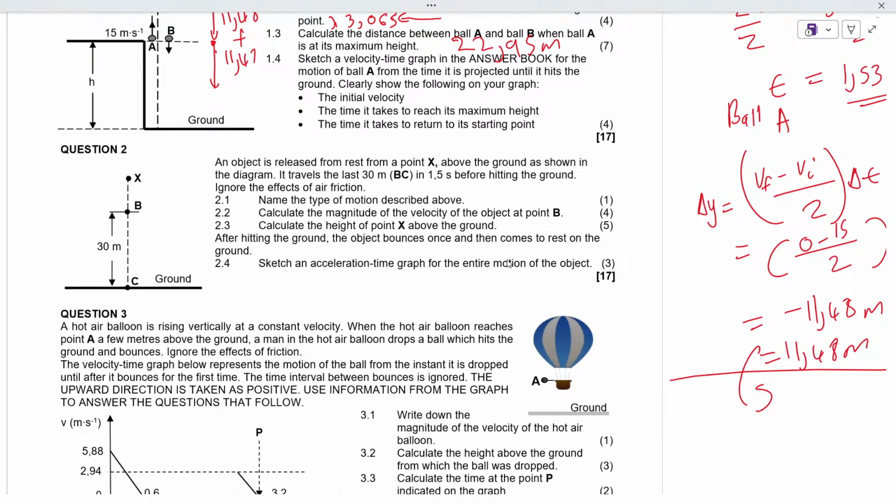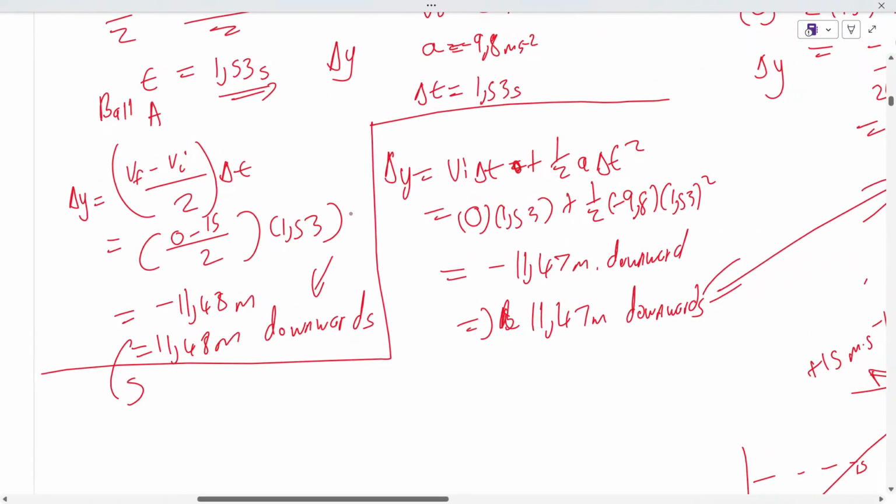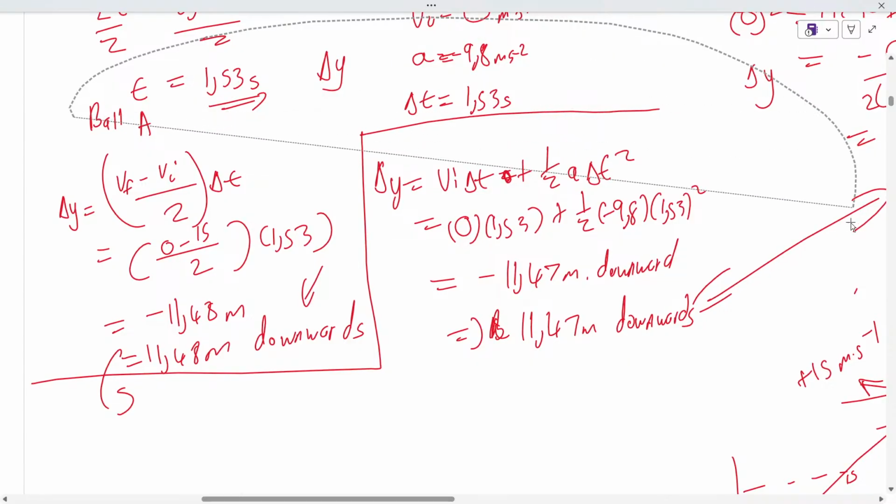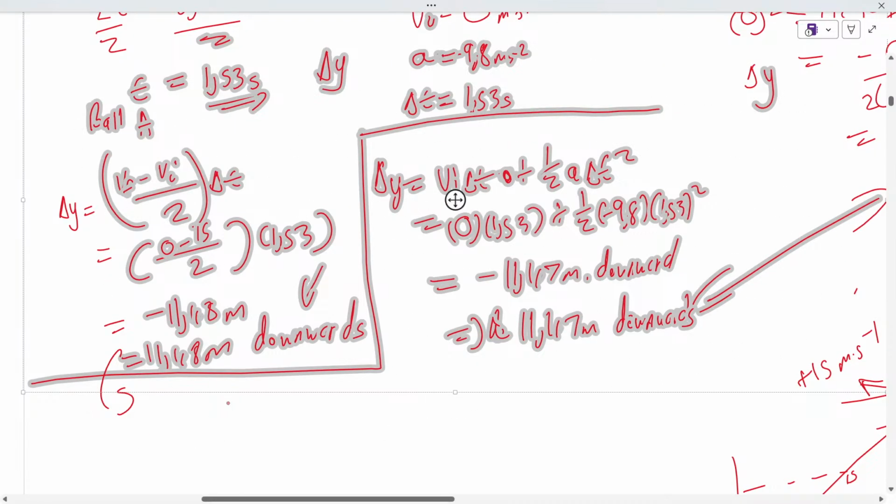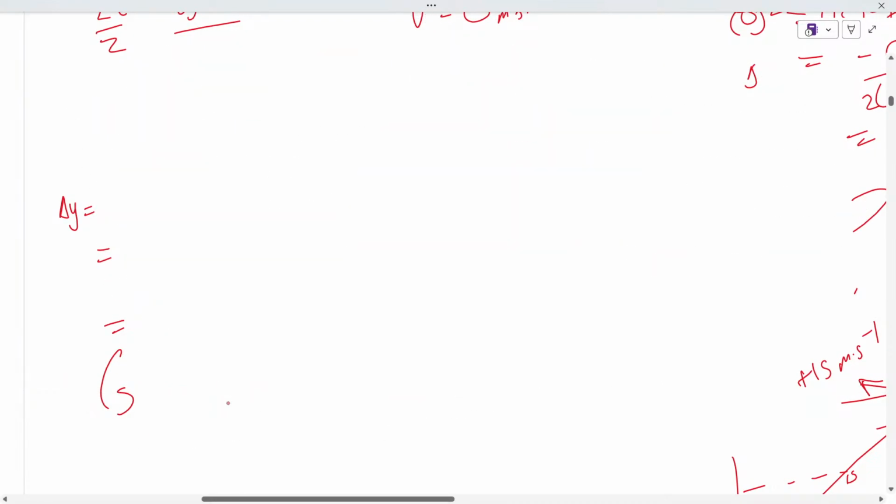Now it says to name the type of motion described above. A vertical projectile? What does a vertical projectile describe? A vertical projectile describes when an object which has been given an initial velocity moves under the influence of the gravitational force only.